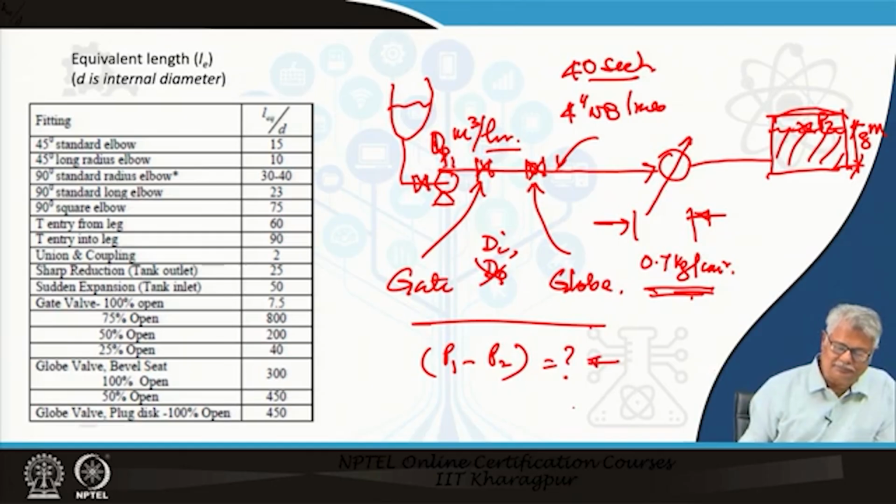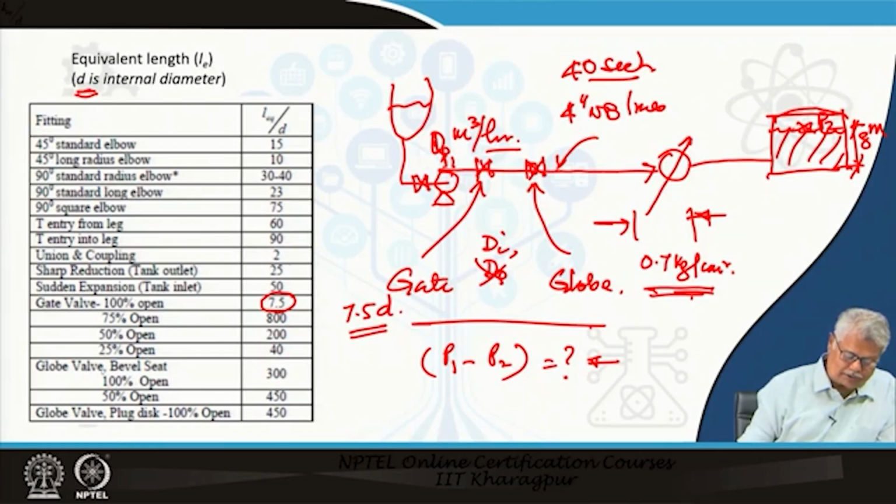Since I know that it is a schedule 40, 4-inch bore, I know its internal diameter small d. My gate valve normally is supposed to remain 100% open, so I will consider 7.5 times d to be the additional length of this pipe. Similarly, for the globe valve, I will include 300 times this d.